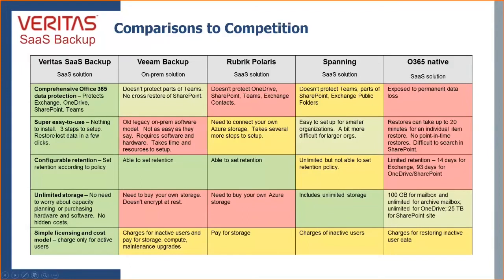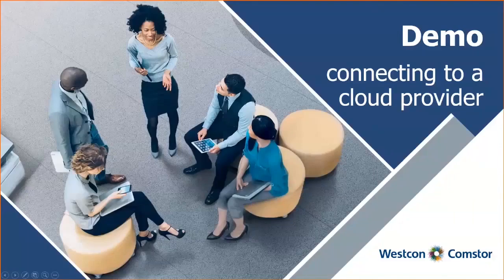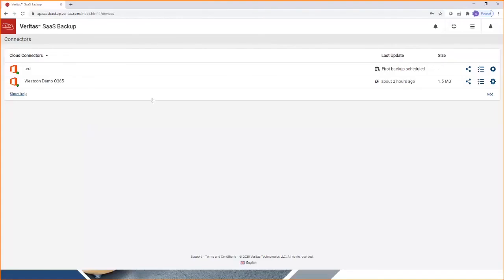So with that, let's have a look at how you would actually connect the cloud provider. We'll just jump into my environment here. So this is one of our ones that we have currently. We've been testing it out internally just to see what it's like. To actually set up a link or a connector within it, it's as simple as just hitting add and then picking which one you want.